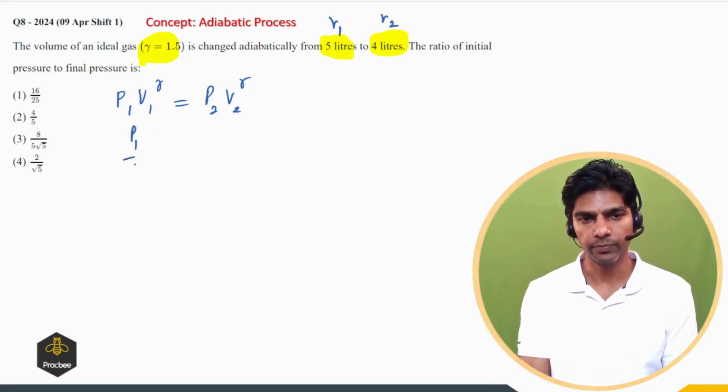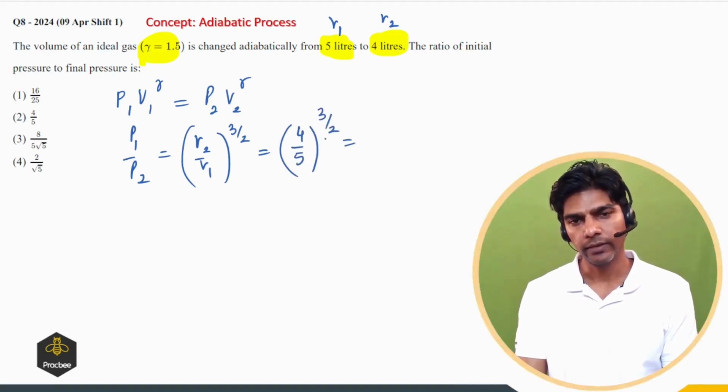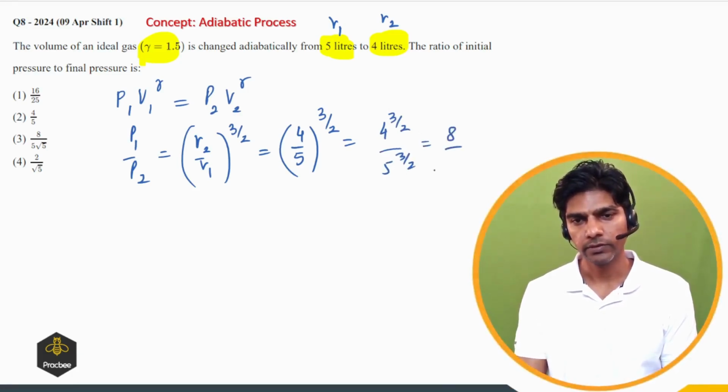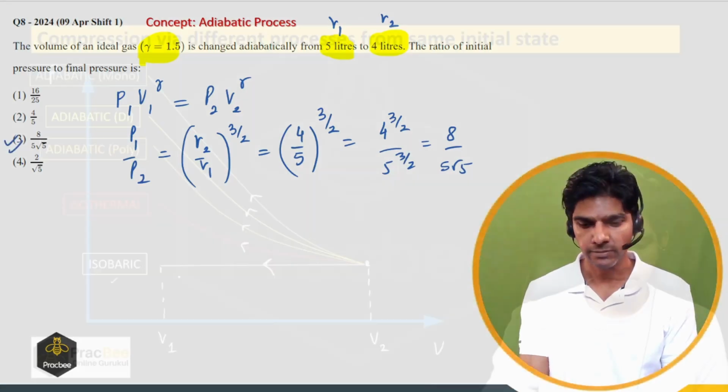So P1 by P2 will be V2 by V1 raised to power gamma, which is 3 by 2. So it will be 4 by 5 raised to power 3 by 2, that is 4 raised to power 3 by 2 upon 5 raised to power 3 by 2. This can be written as 8 upon 5 root 5. So option 3 is the right answer.